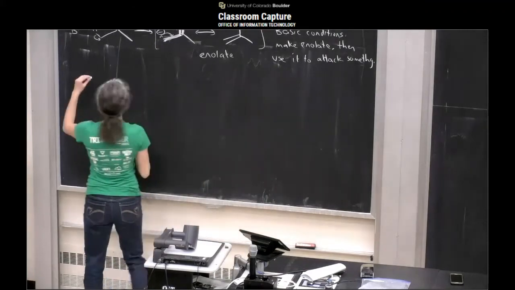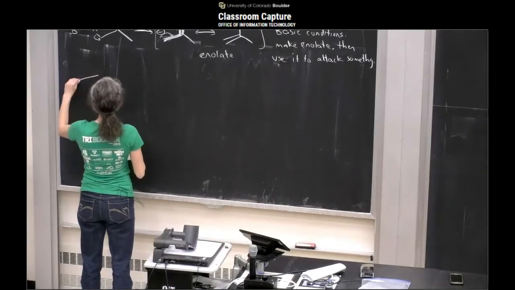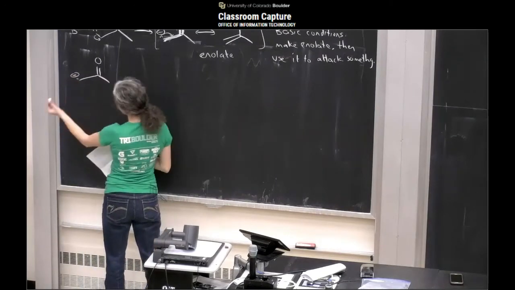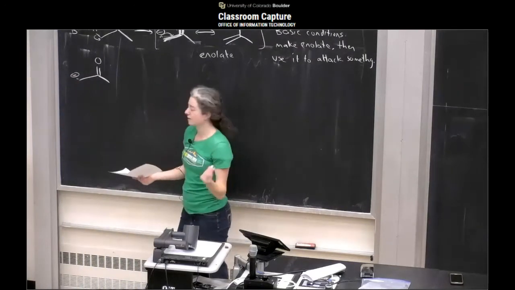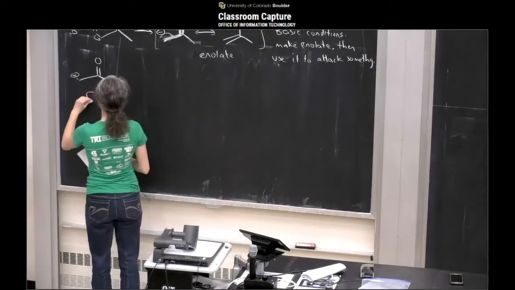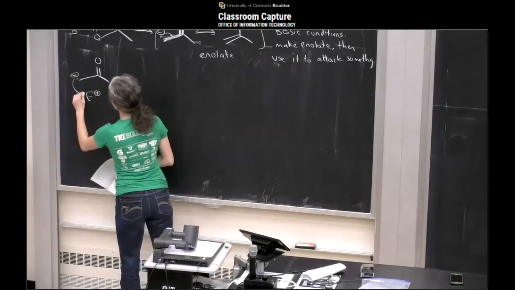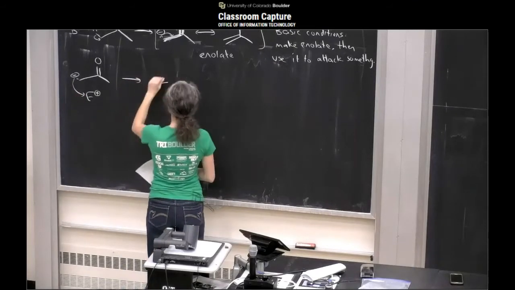So when you're attacking with the enolate, you can show the attack happening as if the minus charge were on the carbon all the time, in which case, whatever generic electrophile we're using, you just go straight in for the attack from there.